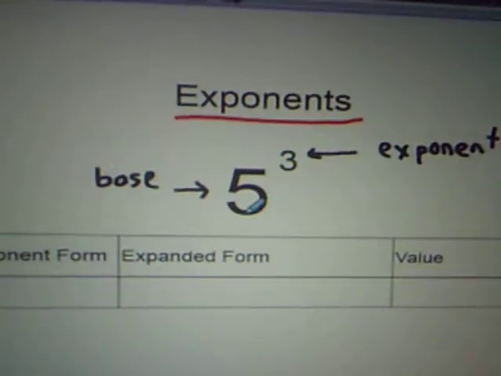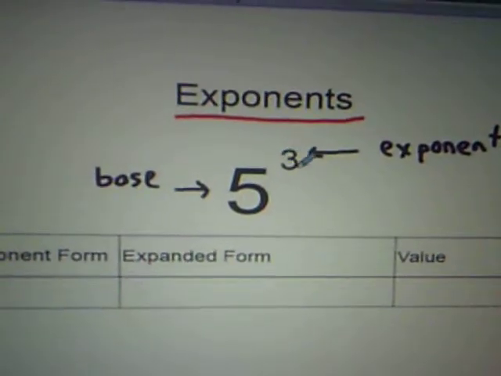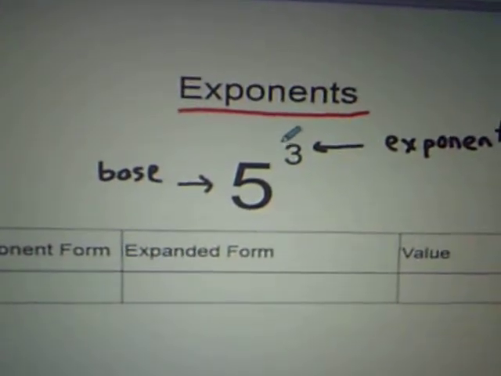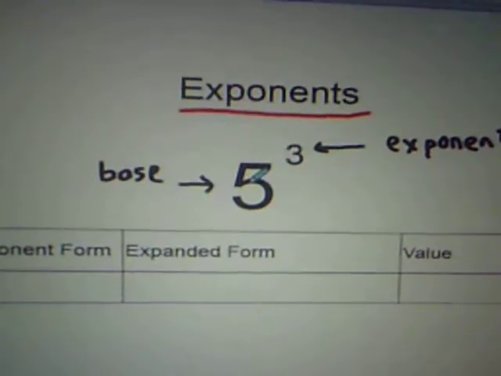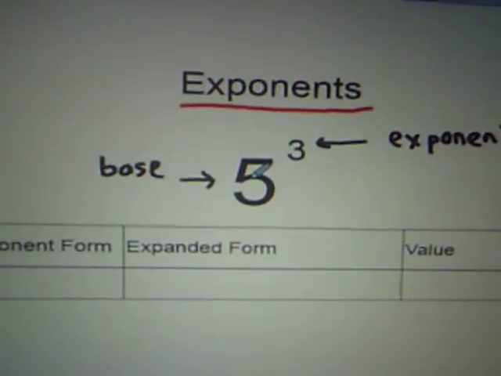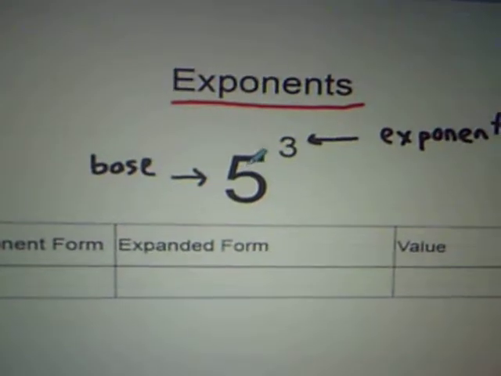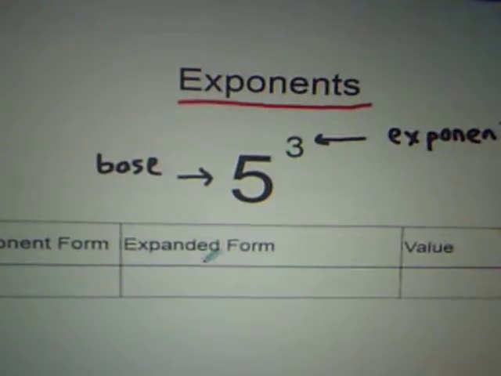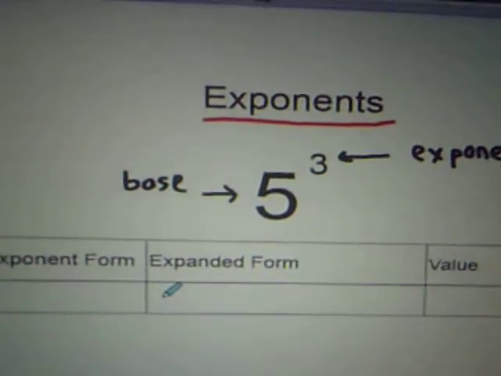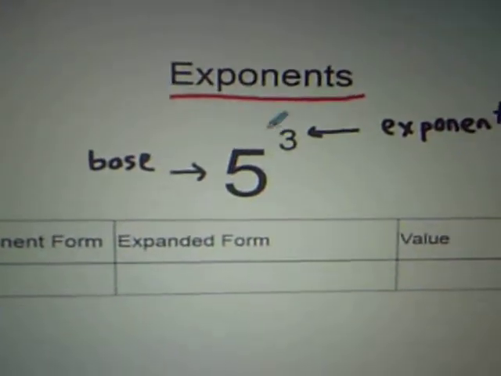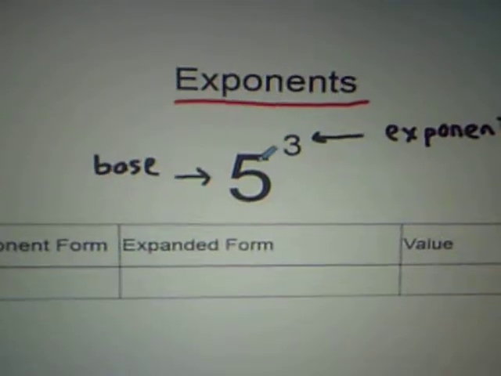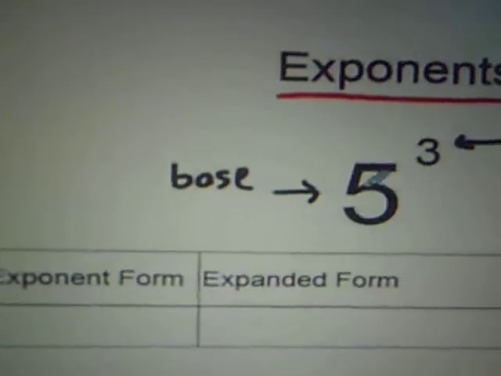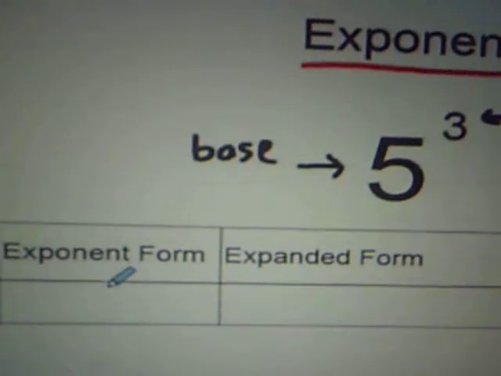Okay? And what this tells us is that the exponent tells us how many times to use the base number in a multiplication sentence. In other words, how many times do I multiply the base number by the same number? Let's see an example. When we see a number like this with a base number and an exponent, we call this the exponent form.